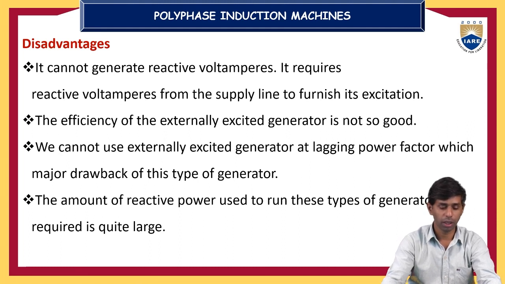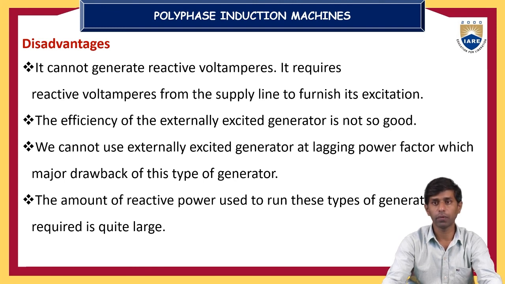The efficiency of the externally excited generator, that is, the separately excited generator, is not so good. We cannot use separately excited generators at a lagging power factor, which is a major drawback of this type of generator. So separately excited generators are not used under lagging power factor loading conditions.